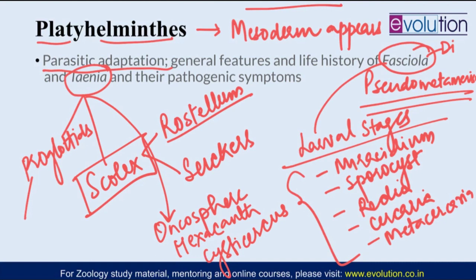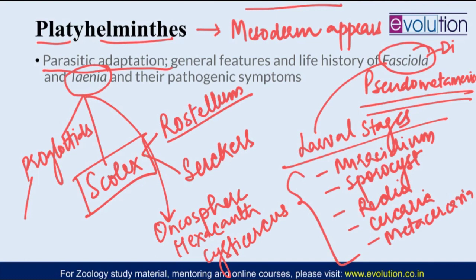Fasciola can also infect humans as well, though the main primary host remains sheep or goat. But if we somehow ingest the metacercaria larva of a Fasciola, we can also get infected. So how that happens, because we might feed on certain aquatic plants, and then that way we can also ingest metacercaria.